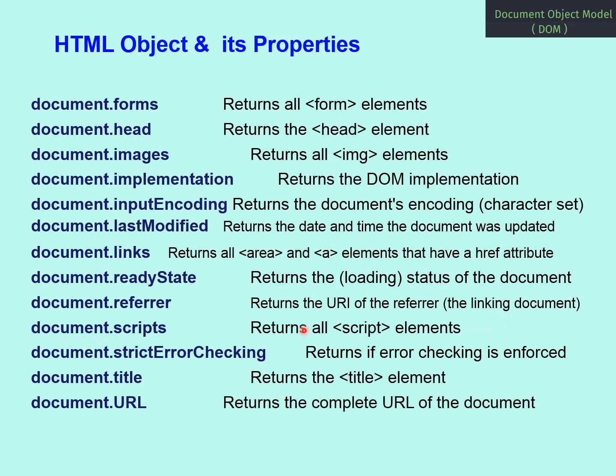Document.scripts. It returns all the script elements in the web page. Document.strictErrorChecking. This function returns if error checking is enforced. Document.title. It returns the title element. Document.URL. It returns the complete URL of the document.